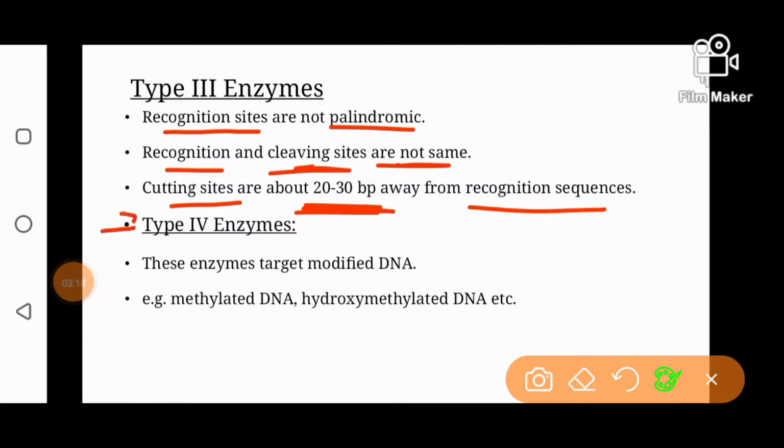And another class of restriction enzymes is type 4 enzymes. Type 4 enzymes generally target modified DNA, like methylated DNA or hydroxymethylated DNA.